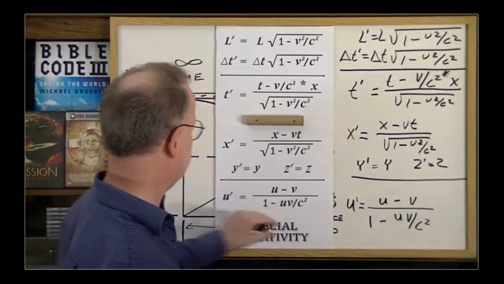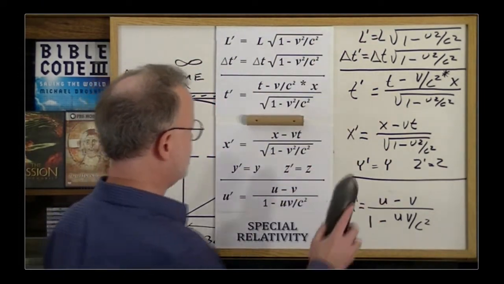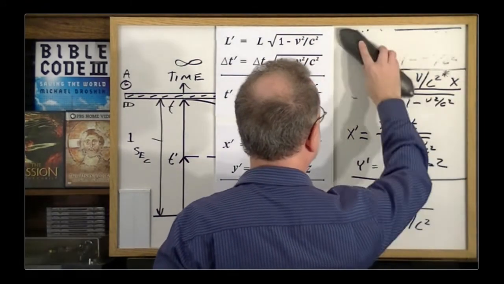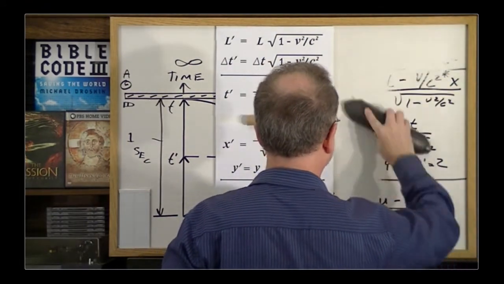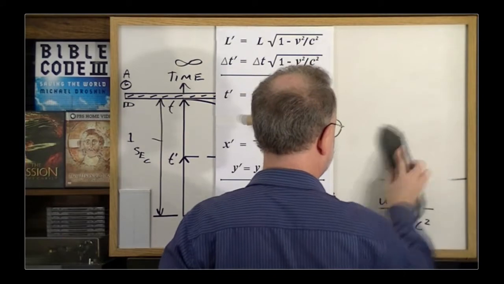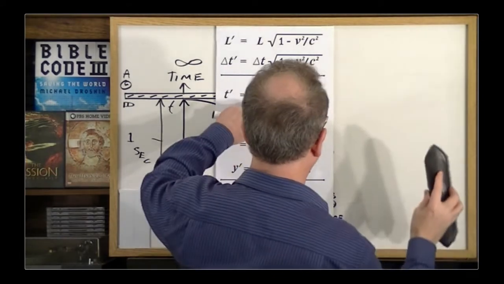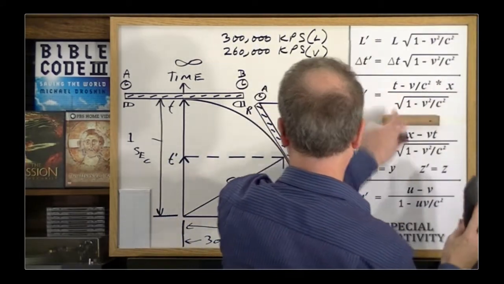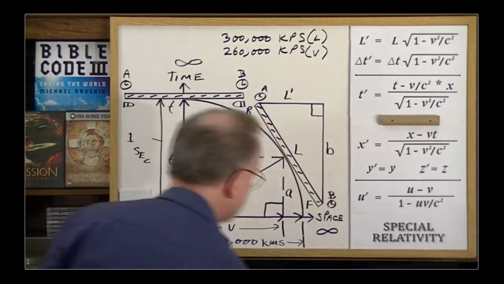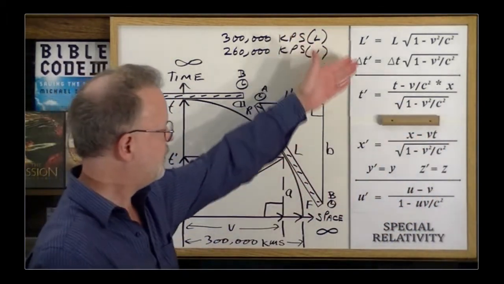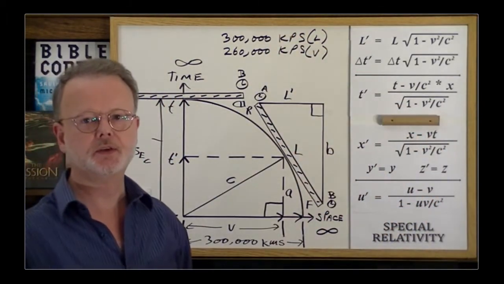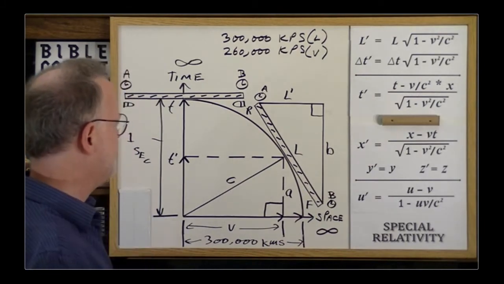We have all of them here, all matched up. In fact, let's clean this up and slide this over. So there we have, again, we calculated all of these equations just using common sense to produce them.